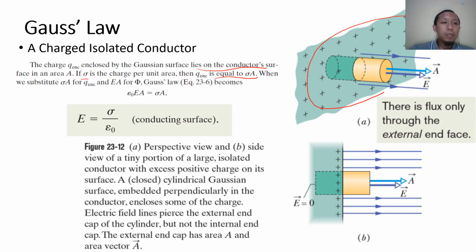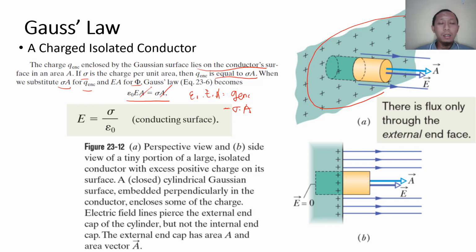So when we substitute sigma A for the q enclosed and EA for the flux in Gauss law, we can use this one: epsilon 0 dot E dot A is equal to q enclosed, and q enclosed is sigma dot A. So we can cancel this one.